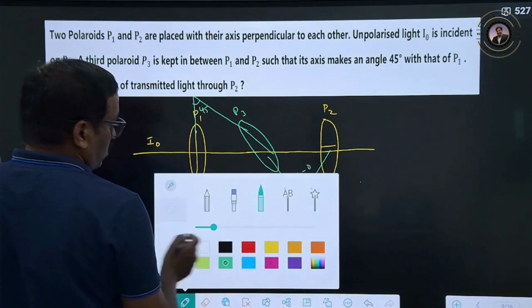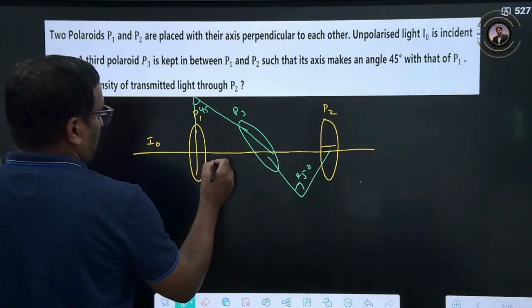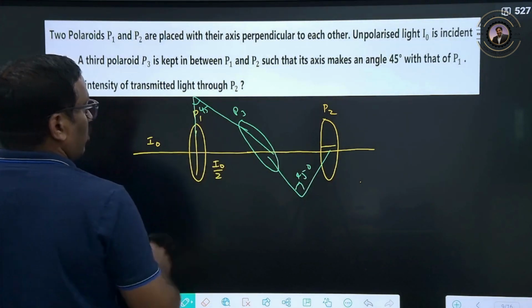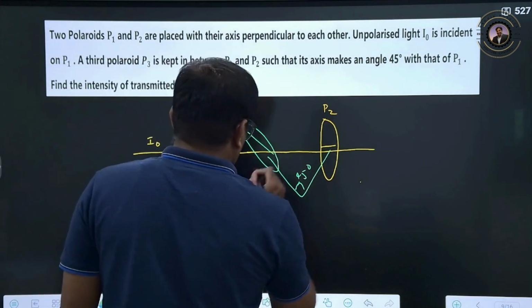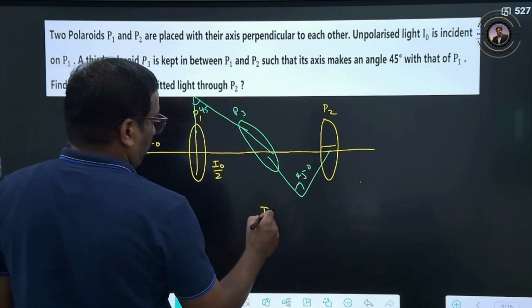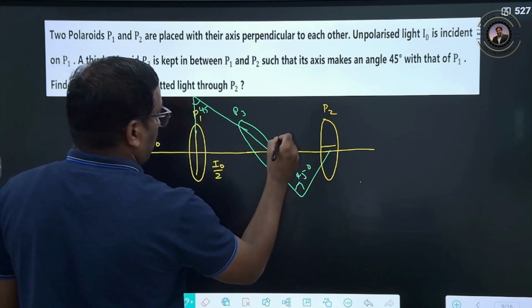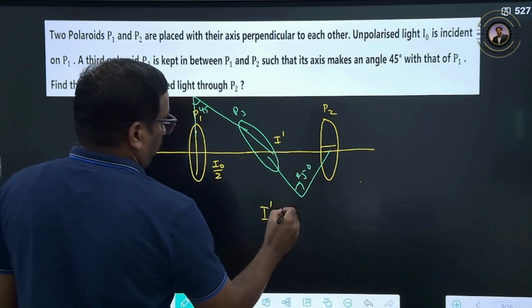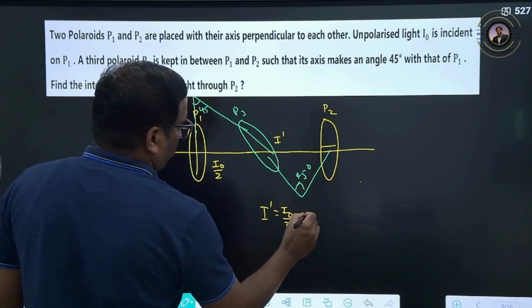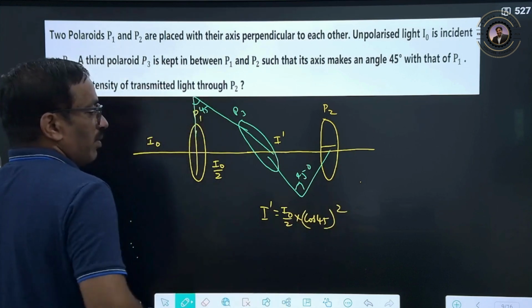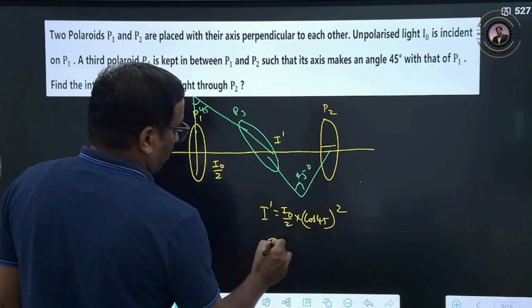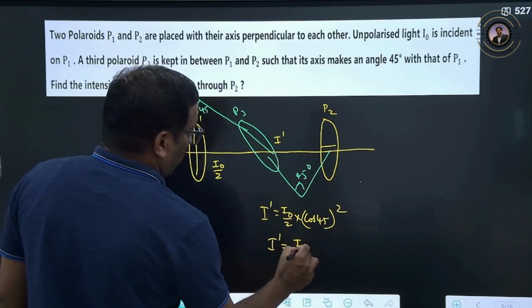So I naught means what will happen now? Passing through this one, I naught by 2. Here you have to apply the Malus law. So I dash is coming out. Falling on this one is I naught by 2 into cos 45 whole square. Cos 45 is 1 by root 2, whole square is 1 by 2, so I naught by 4.